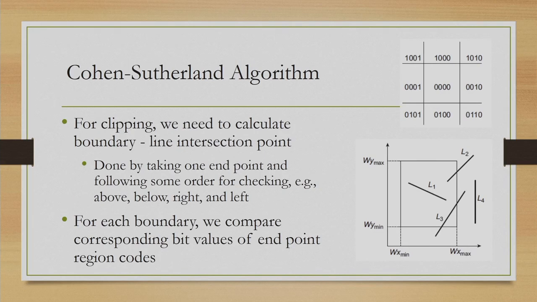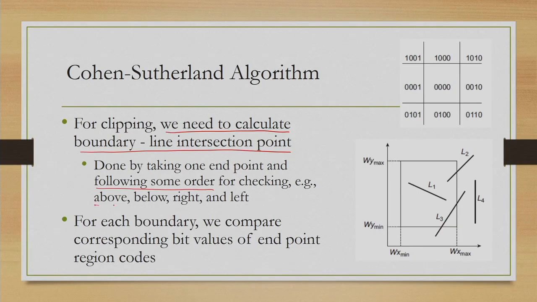So, for clipping we need to calculate the boundary and line intersection point. Here we cannot avoid calculation of the intersection points, and that we can do in different ways. One possible way can be to take the boundaries in a particular order.